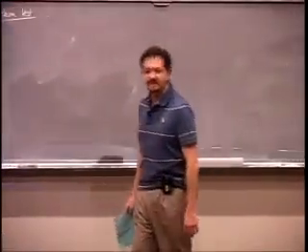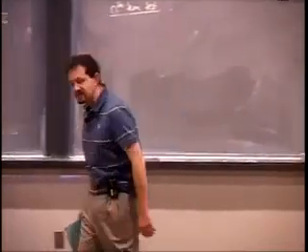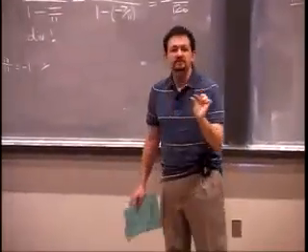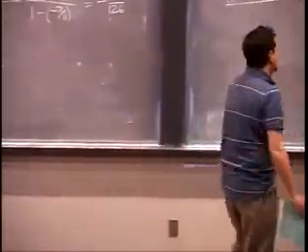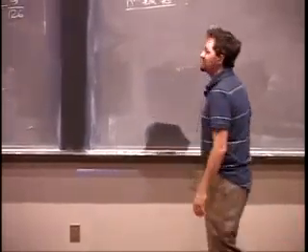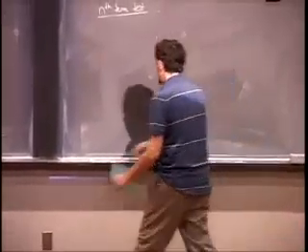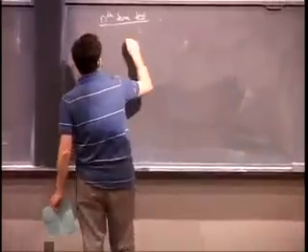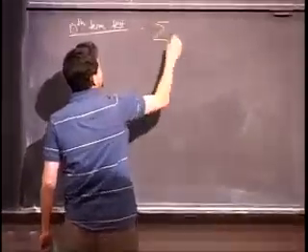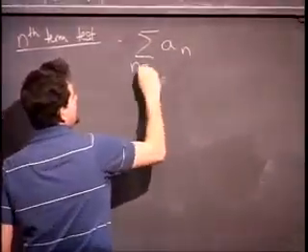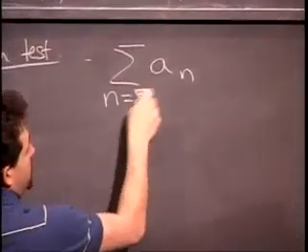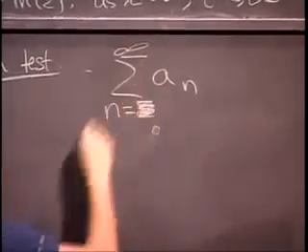So the nth term test basically says that if my steps themselves do not go to 0, the series, my position, if you like, must diverge. So, here it is. You are investigating a series a_n, and I'll often write n equals blob to infinity. By this I mean it doesn't matter where it starts. Remember, it could be 1, 0, 8, a million, a trillion. It doesn't make a difference.